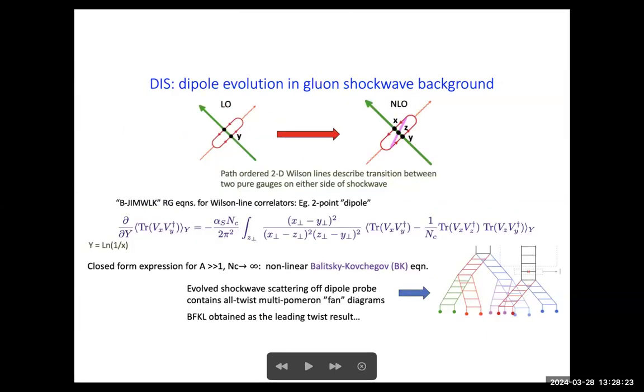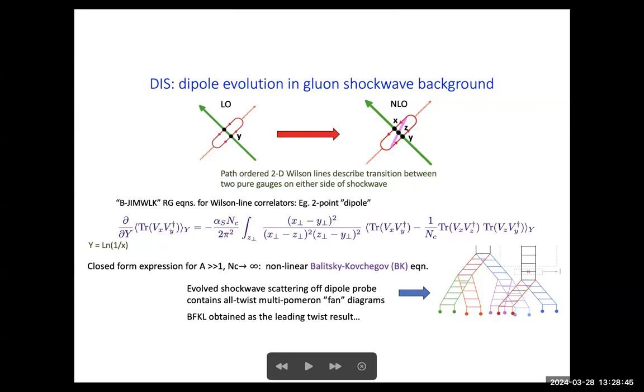Let's take a very specific example to illustrate what I mean. Imagine that you have some virtual photon that fluctuates into a quark anti-quark pair, and that scatters off all these n gluons that I formed at the bottom of the ladder, say coming from another hadron. At very high energies, that's like a classical gluon shockwave.